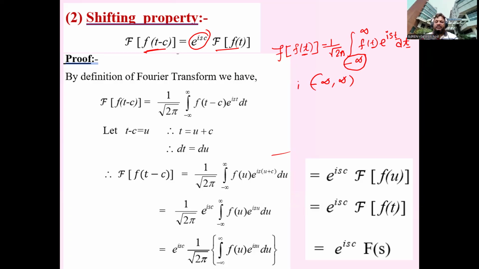So there are three conditions. The function must be defined on the whole real line, that is, from negative to positive infinity. Number two, the function must be piecewise continuous. And the third condition was that f(t) must be integrable.